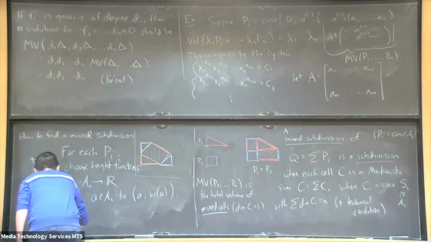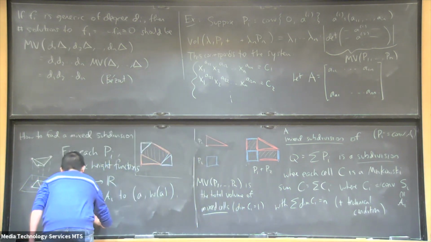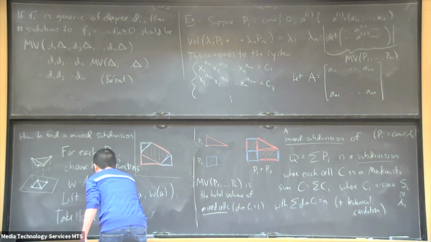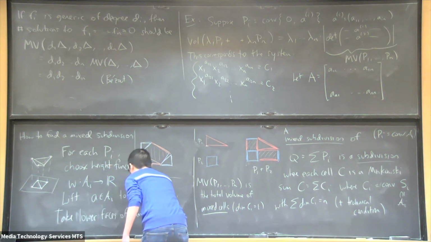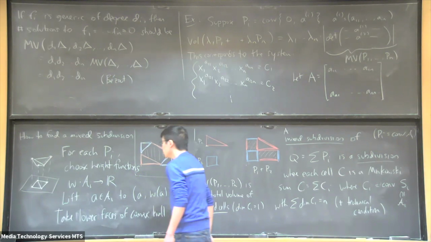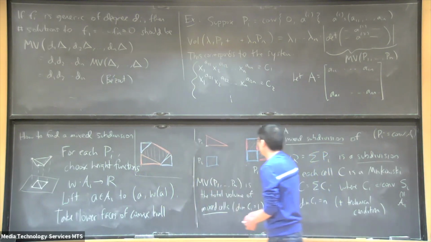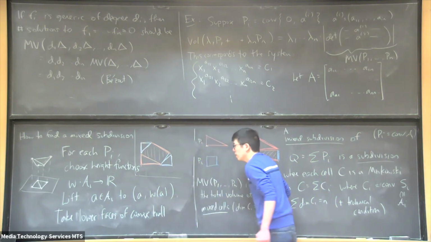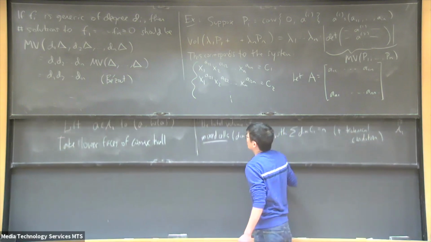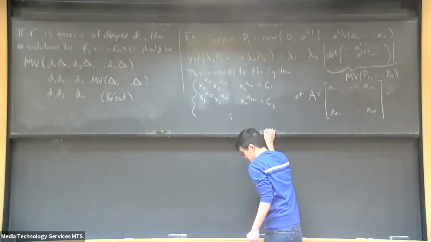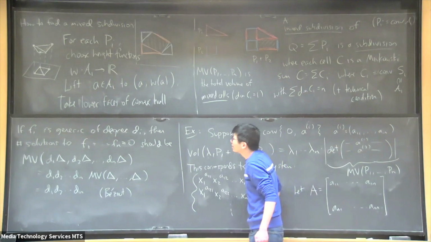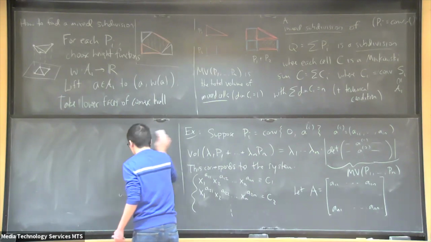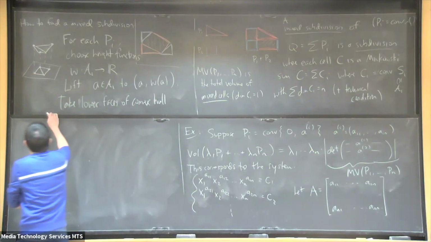Then take the convex hull, take the lower faces of the convex hull. And then if you project down, this will give a subdivision of each P_i.